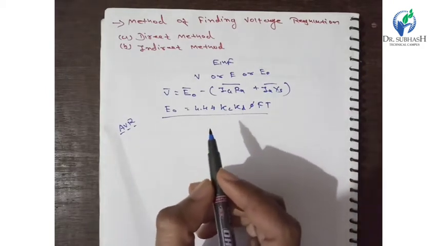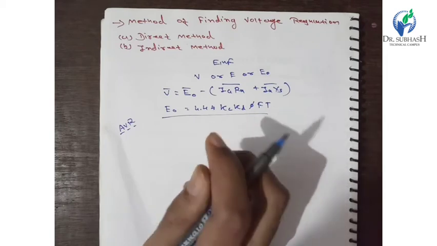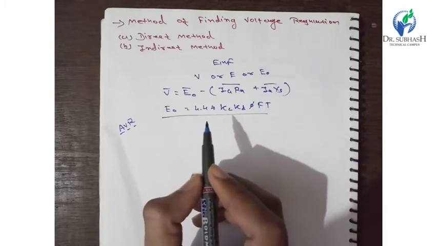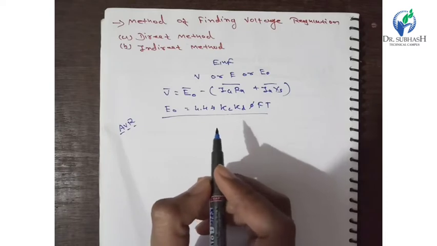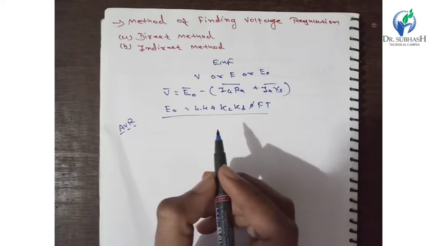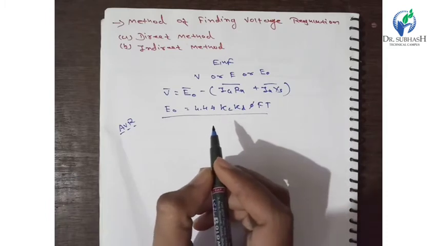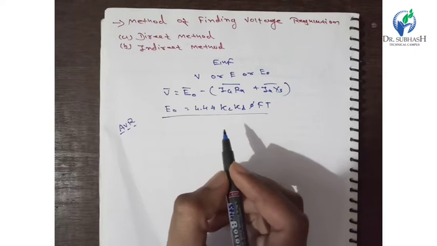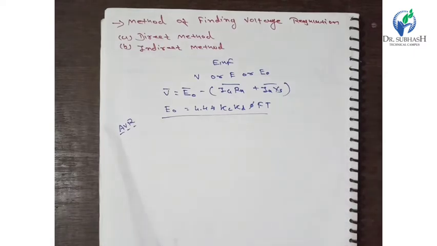Here, as we know, with the load of the alternator, its terminal voltage changes. This change in the terminal voltage due to loading is the most important performance parameter of the alternator. This is known as voltage regulation.